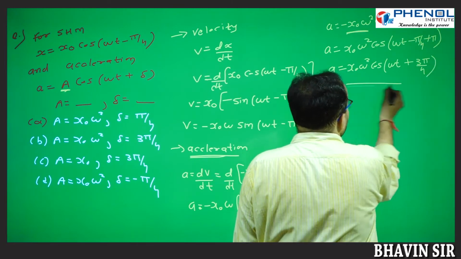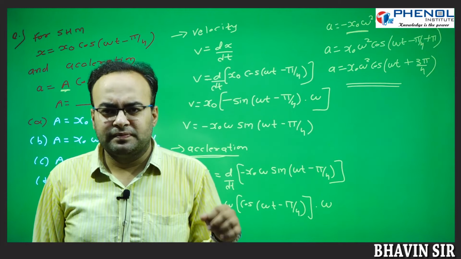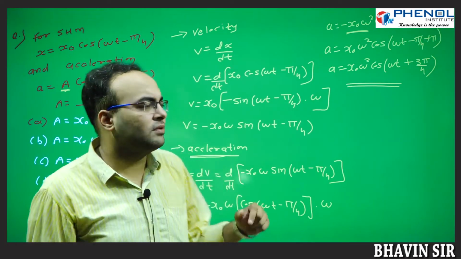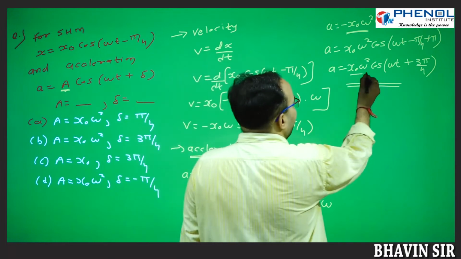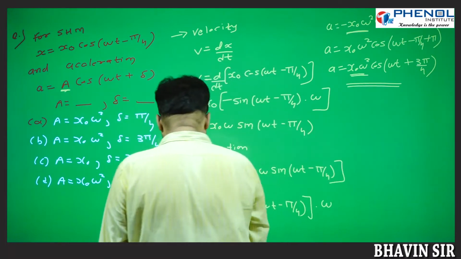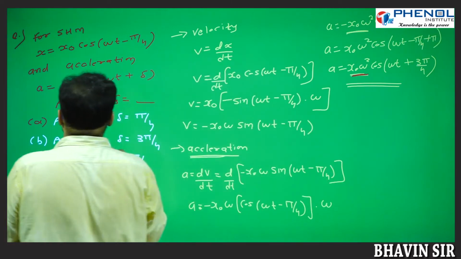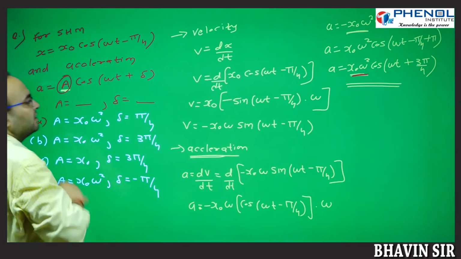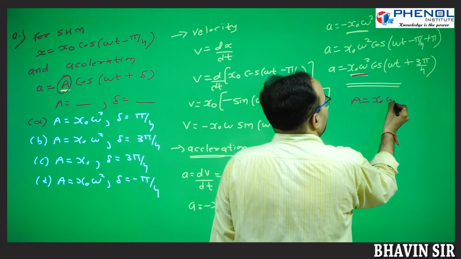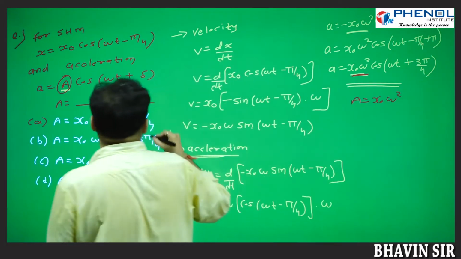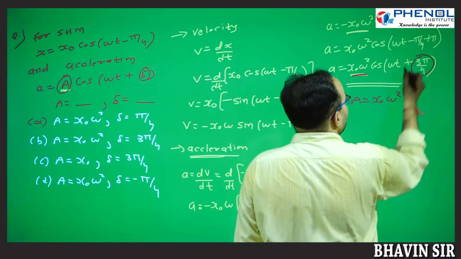Chalo, so students, that is our acceleration. Now compare. See here amplitude, so here x naught omega square, and here delta, so here 3 pi by 4.